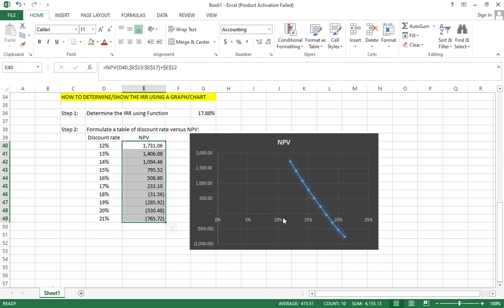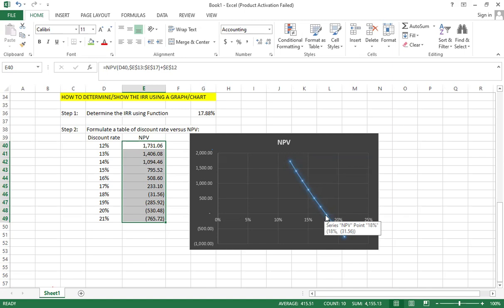So where it meets the NPV line, somewhere here where I'm pointing with my cursor, that is the point at which you have the internal rate of return. If you point your cursor at that point, Excel tells you what percentage you have, and you can see the percentage is around 18%.